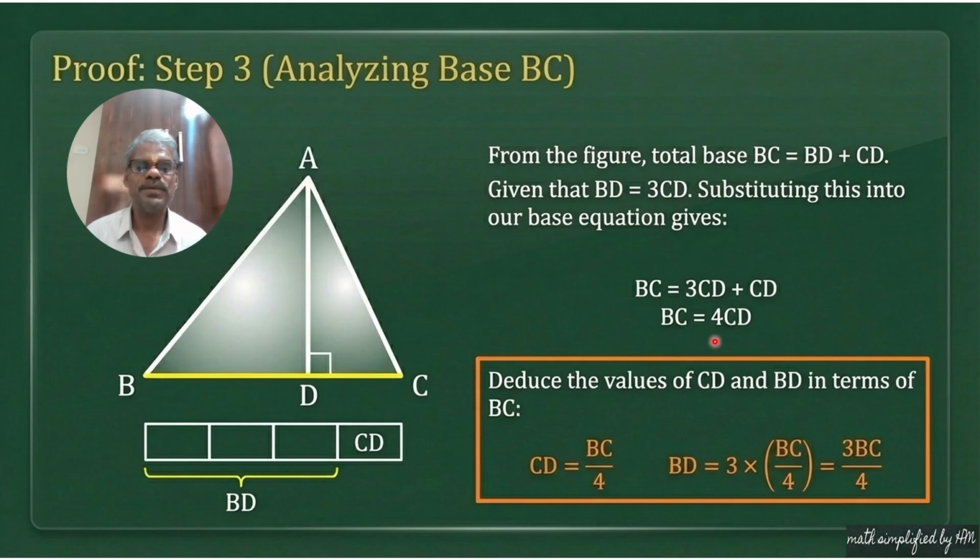This gives us BC is equal to 4CD. Deduce the values of CD and BD in terms of BC. CD is equal to BC upon 4 and BD is equal to 3 into CD. That means BD is equal to 3 into BC upon 4. This gives 3BC upon 4.